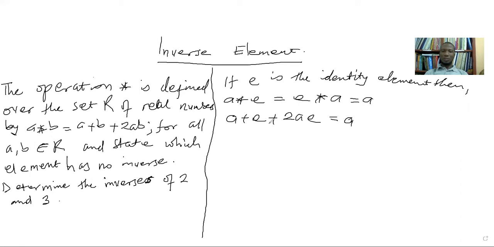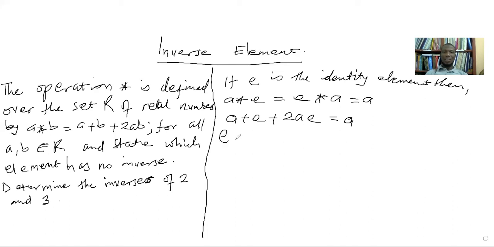And those who are still confused by here, we are just replacing the definition: the second element is B, but in our preamble here, the second element is E. So wherever we see B, we are replacing B with E. That's just what we are doing. And now we are looking for E, which is the identity element. So we are going to make that the subject by regrouping all the E terms at one side and any term without E at the other side.